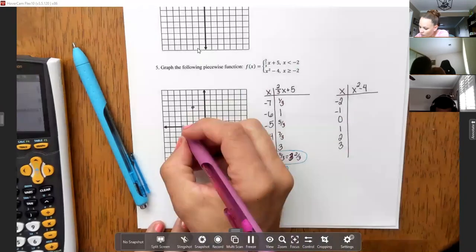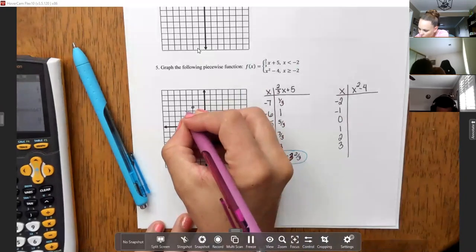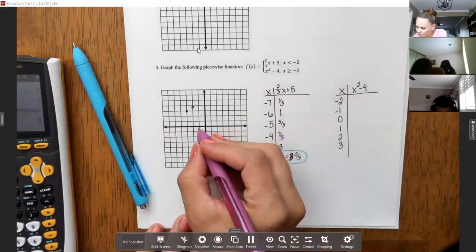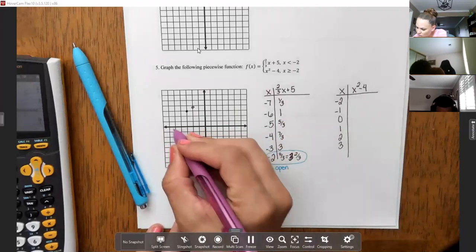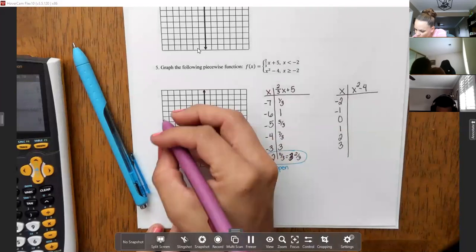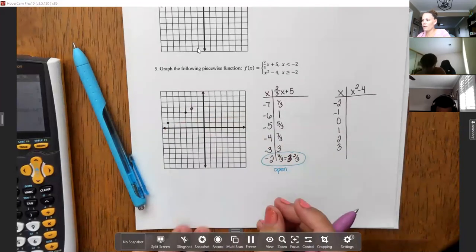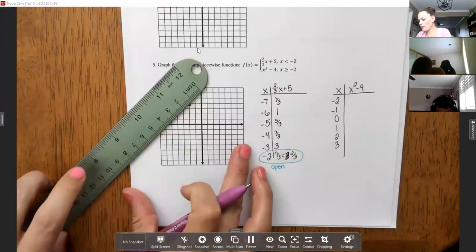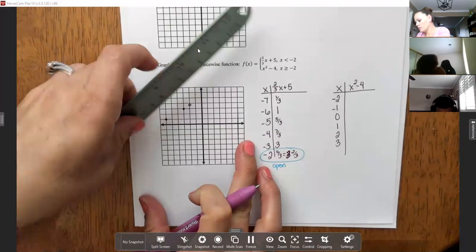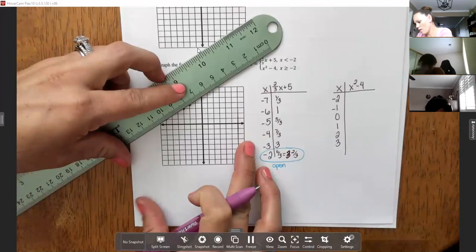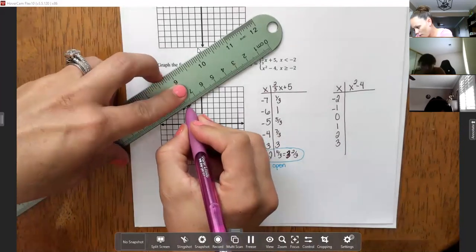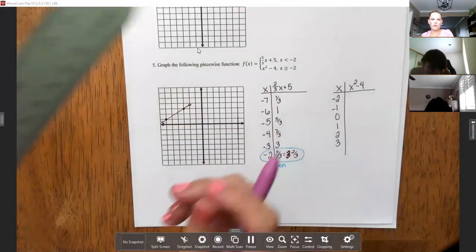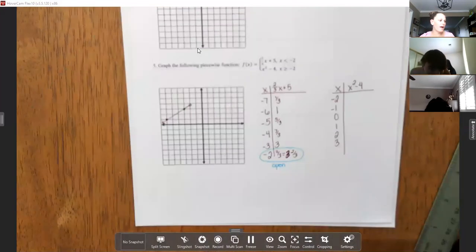At -3, we're at 3. I'm only going to plot the other whole number at -6. We're at 1 because it's linear. So that part of our function looks like that.